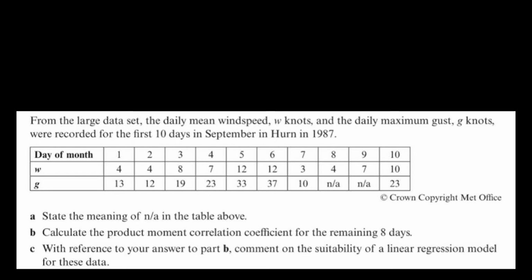In a similar way, we can't use these values to calculate the correlation coefficient. So we need to have the understanding that these 2 pieces of data cannot be used. So these 2 days cannot be used in our correlation coefficient calculation. That leaves us with just 8 days, 8 pairs of data values to work with.